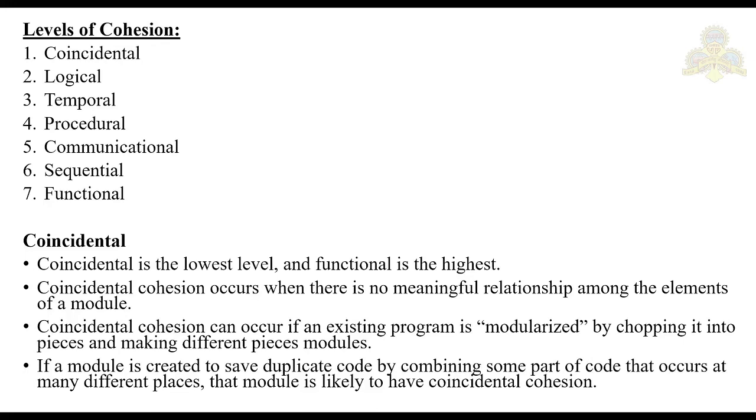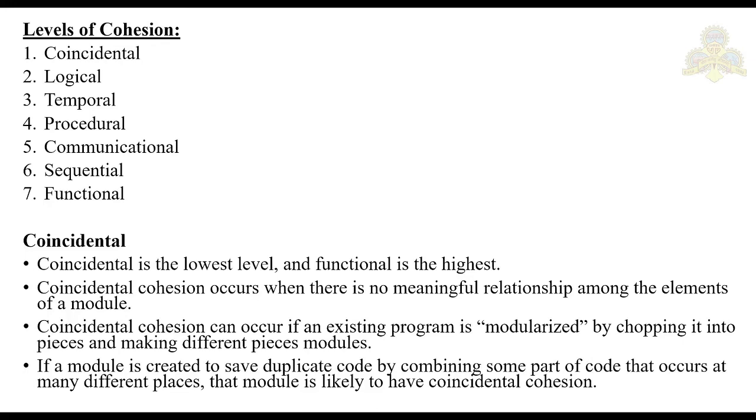So you have a meaningful module, you chop it into different modules, so that the meaning or the relationship between the elements is lost. Another example could be whenever you have a meaningful module and you want to copy the code from it and save a duplicate.